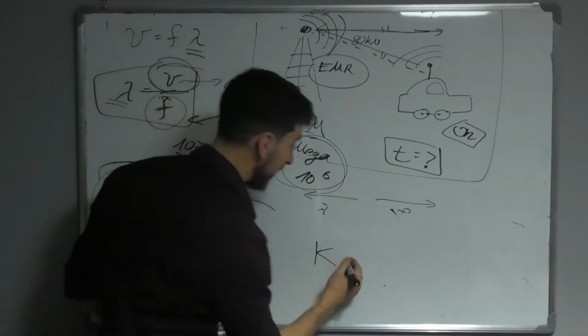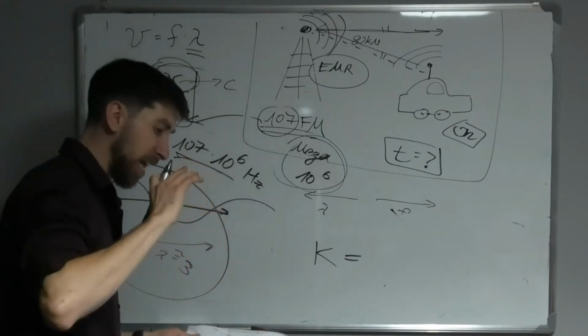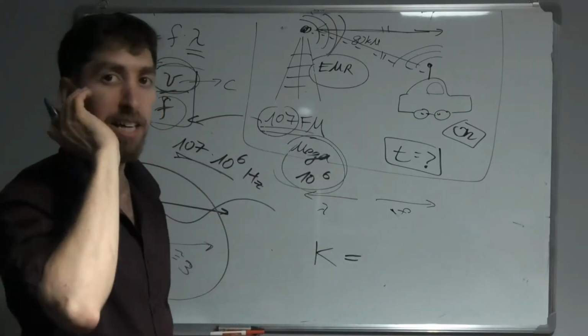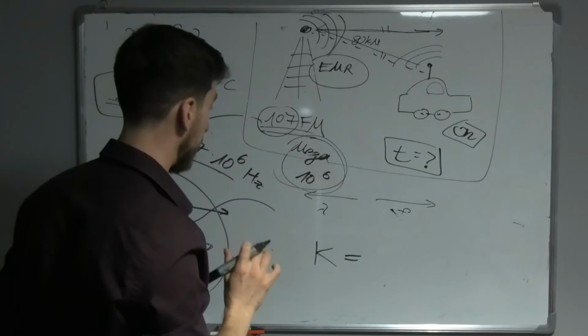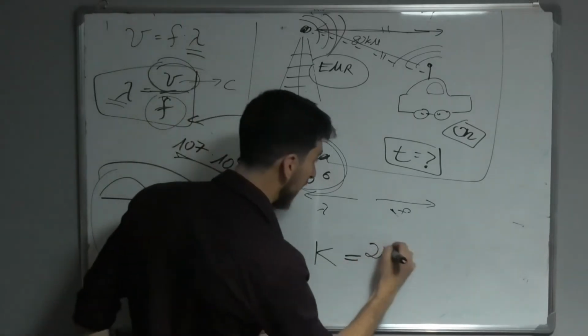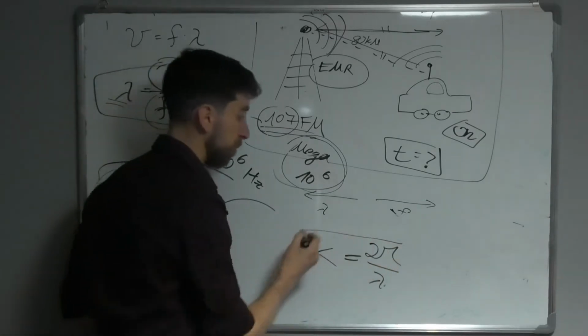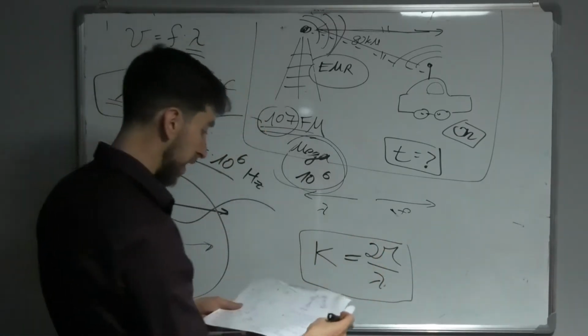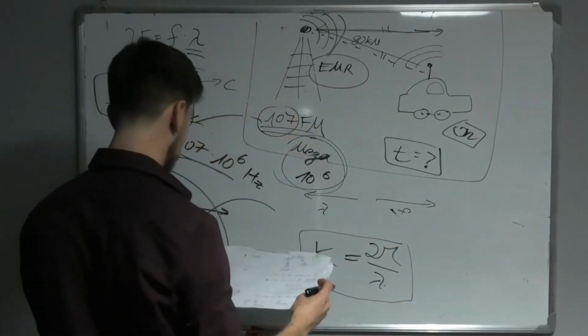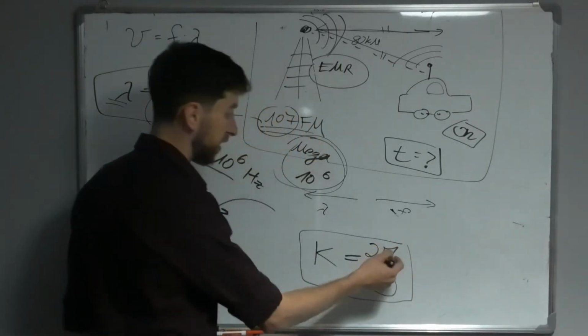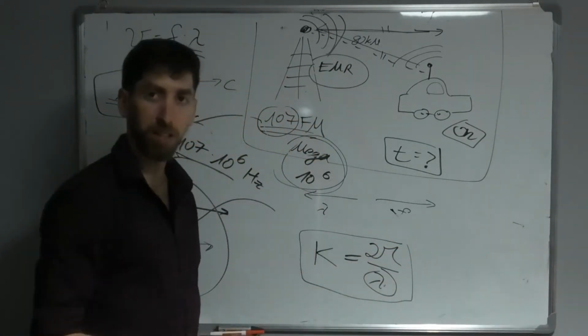K is equal to 2 pi over lambda. I just want you to remember the formula. This was almost 3, 2.8, so this is almost 6, so you can calculate it.